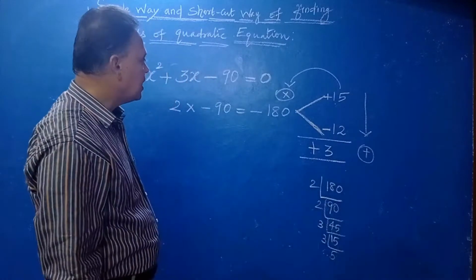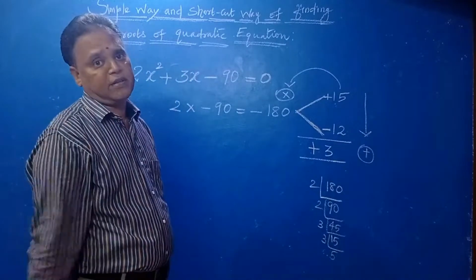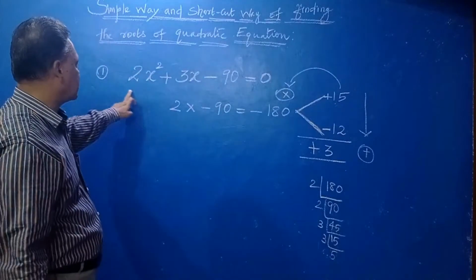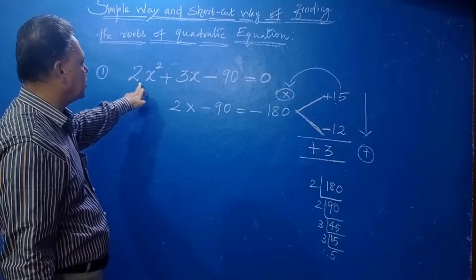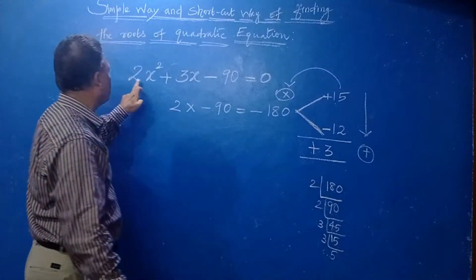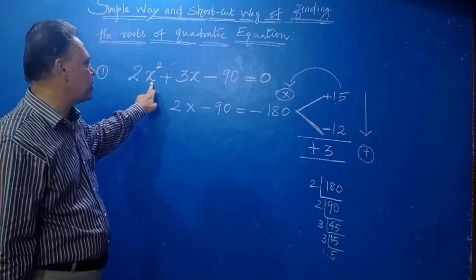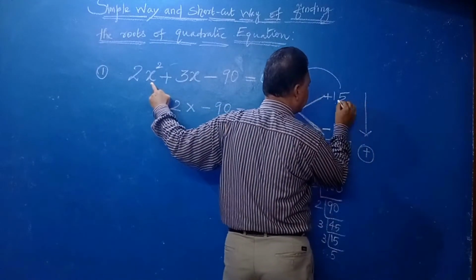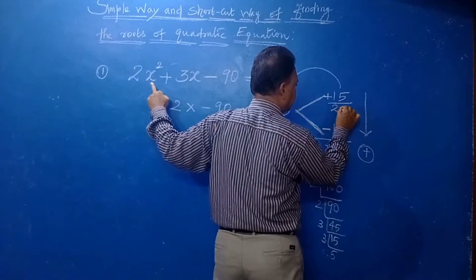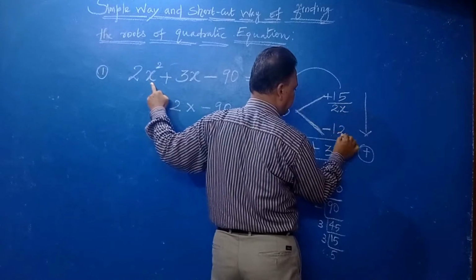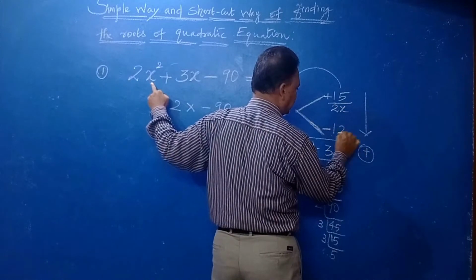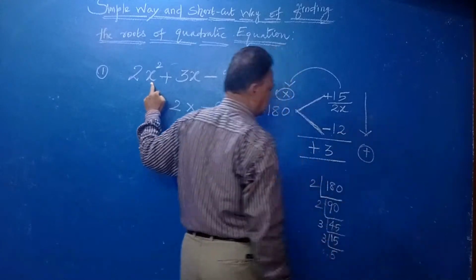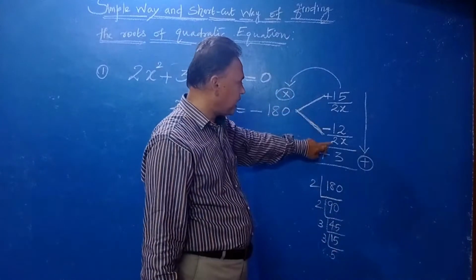Clear? So the next step is very important. The first term you have is 2x squared. You have to take 2x, the first coefficient, and divide by 2x here, and here also divide by 2x.